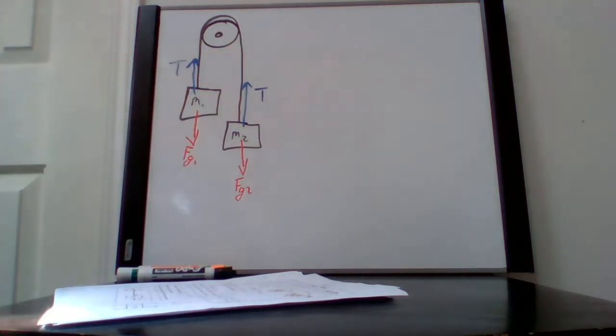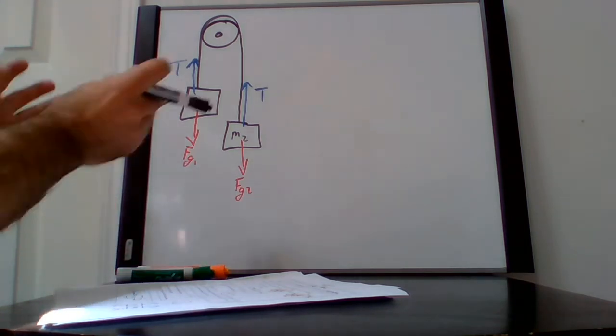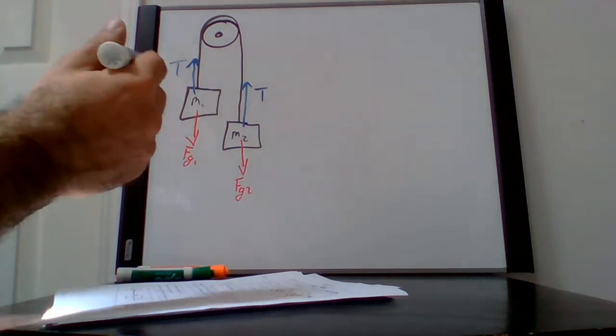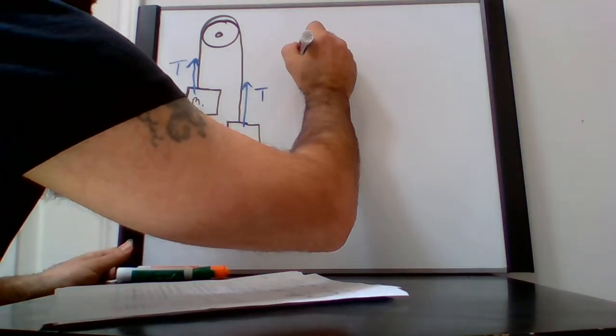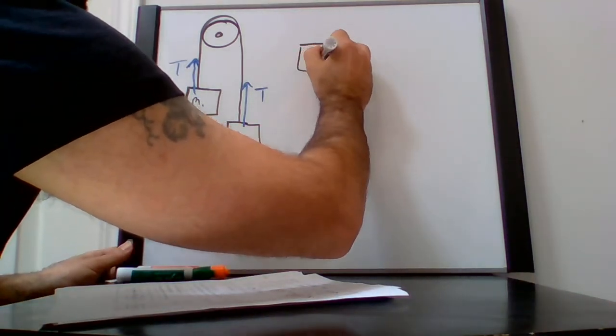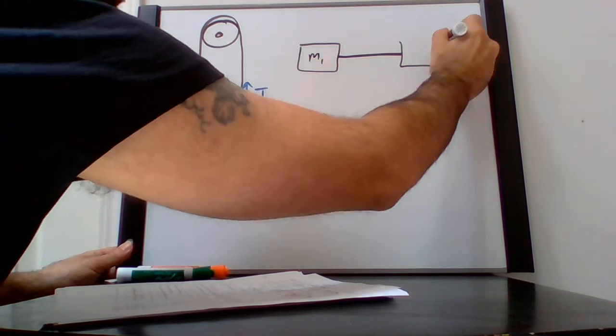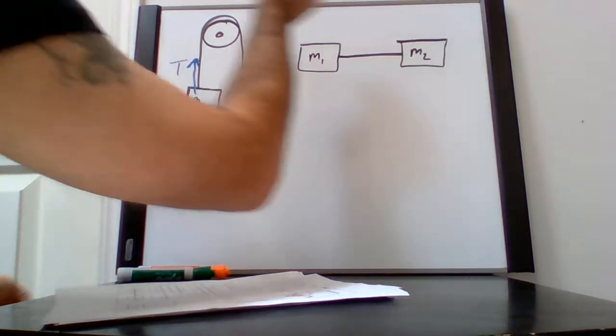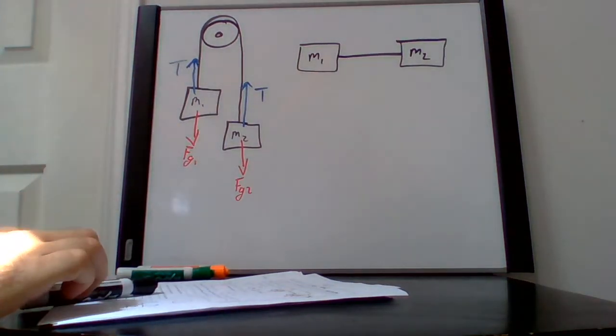When we have a situation like this, as it says here, sometimes it's easier to turn this into a horizontal situation. And so if I did that, we have our M1 connected to our M2, okay?